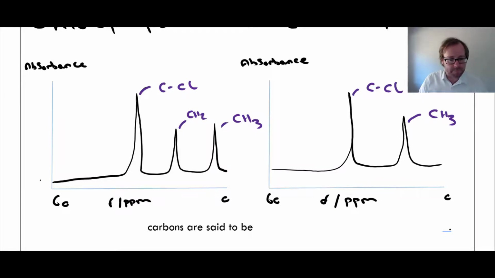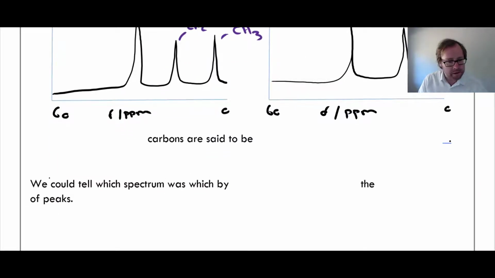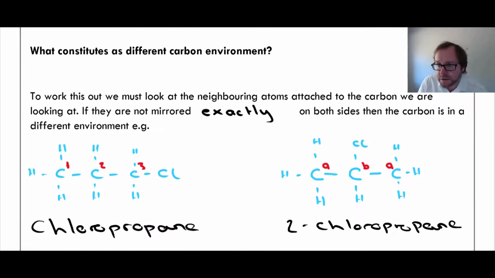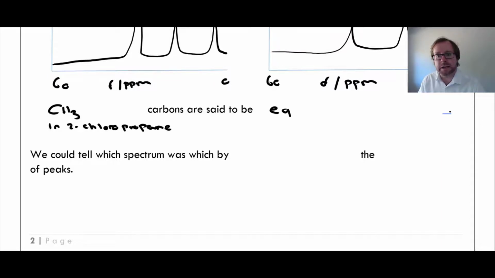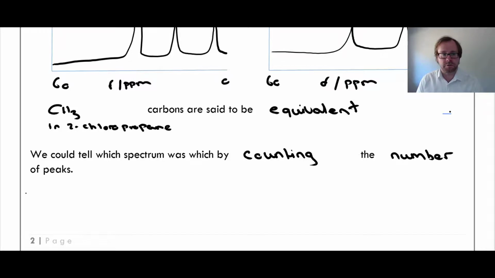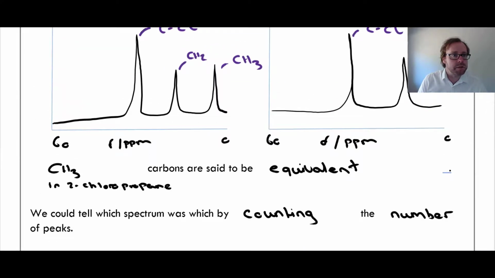So we would say that the CH3 carbons in 2-chloropropane are said to be equivalent. And we could tell which spectrum was which by counting the number of peaks.